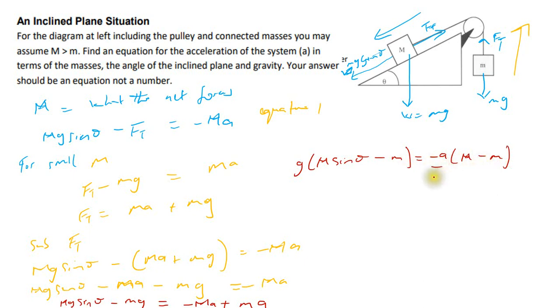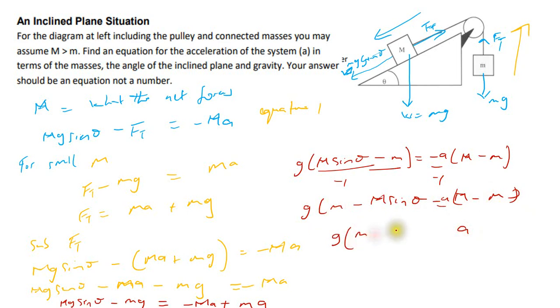And so if we go ahead and divide both sides by negative 1, we have g multiplied by m minus big M sine theta, which tells us that our acceleration a is equal to g times m minus big M sine theta, divided by M plus m.